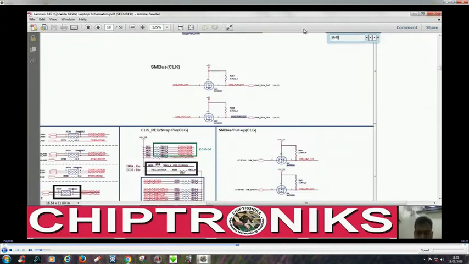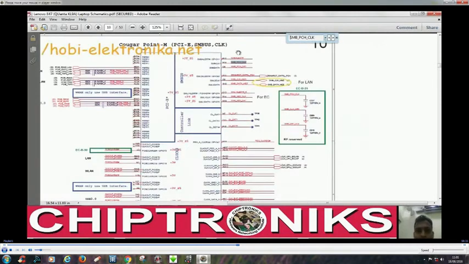So we go and find SMB_PCH_CLK, and this is provided by the SMBus section of the PCH. And as you can see, this SMBus section of the PCH has been turned on by the 3V_S5 voltage, right? And this SMB clock is internally connected with the SUS clock.